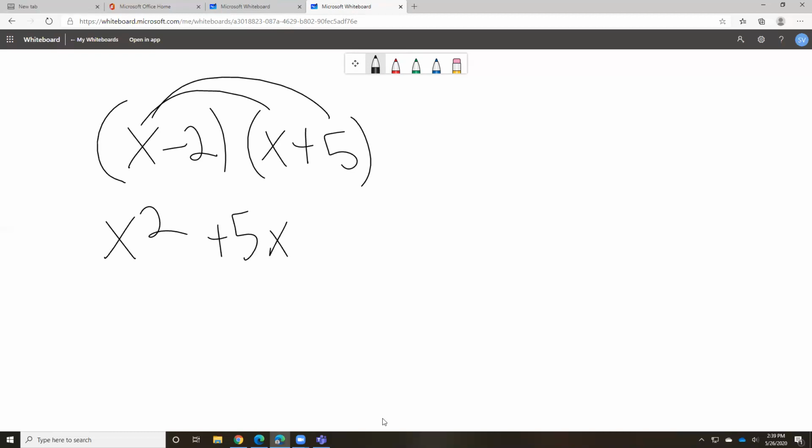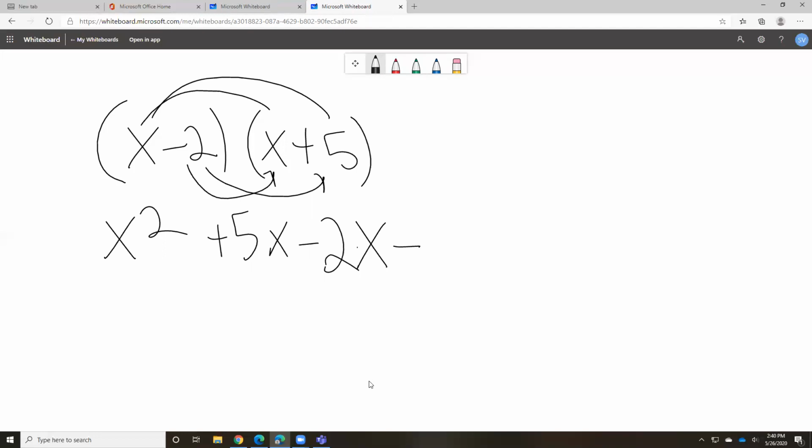What is negative 2 times x? Just negative 2 times x, or negative 2x. We know it means negative 2 times x. Okay, and what is negative 2 times 5? Negative 2 times 5 is going to be a negative because the signs are different and we're multiplying.